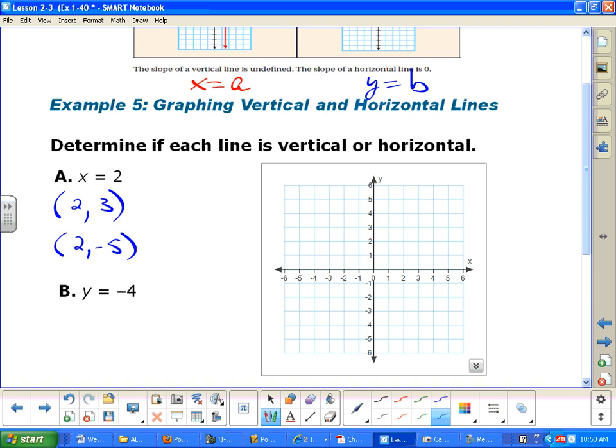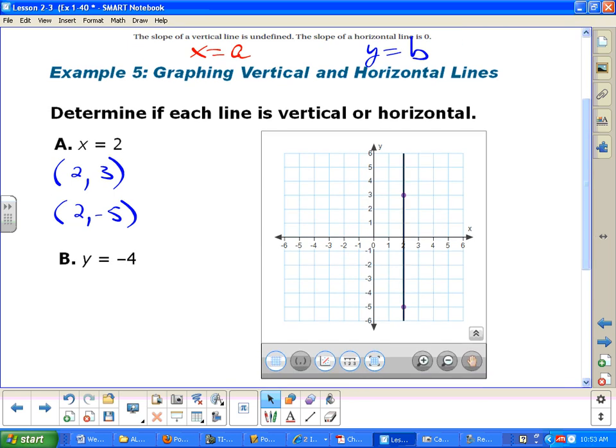So if I plotted those 2 points, 2, 3 and 2, negative 5, and I draw the line through them, it's a vertical line. So when it says x equals, it's going to be a vertical line, because I'm looking at where x equals that number a lot of times, not just once.